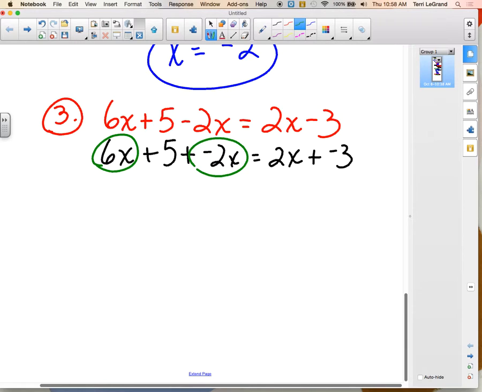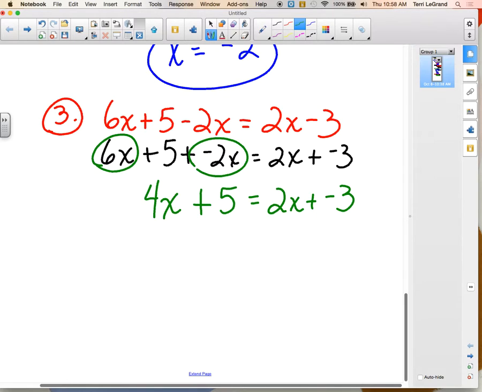When they're on the same side, we get to put them together. So what is 6x plus negative 2x? 4x. At $6, give 2 of it away, you still got $4. Bring the tag along, the plus 5 in the middle, don't forget about it. Can anything be simplified on the right side? No, those are not like terms, so we'll just bring them down.